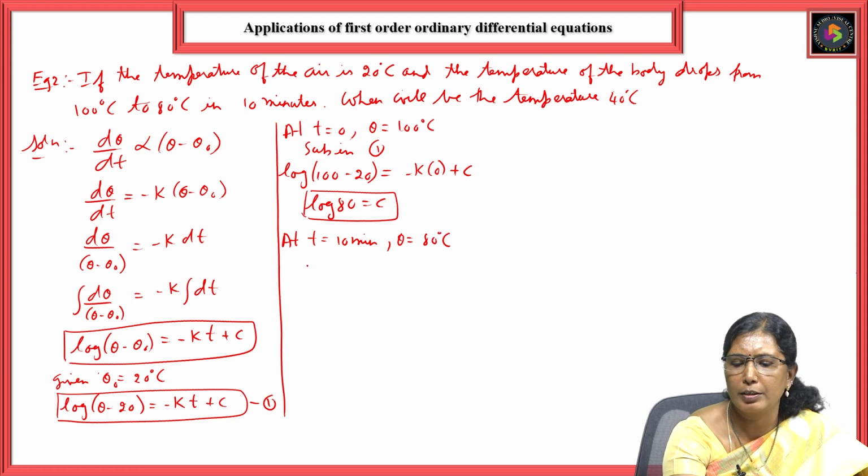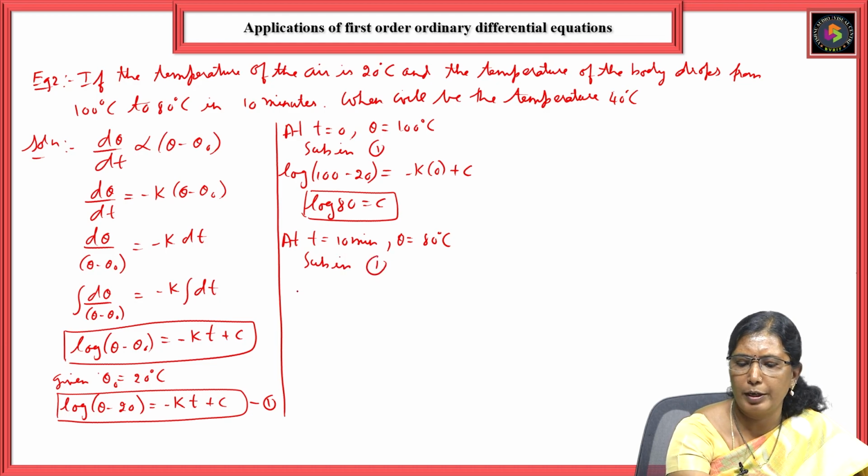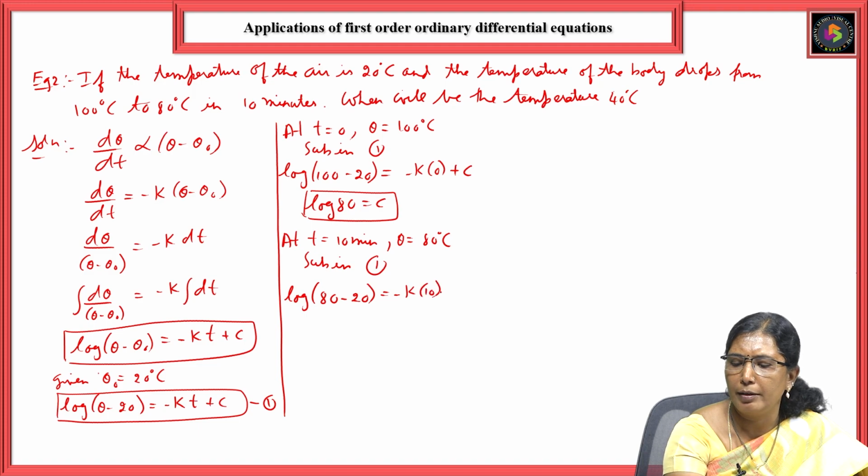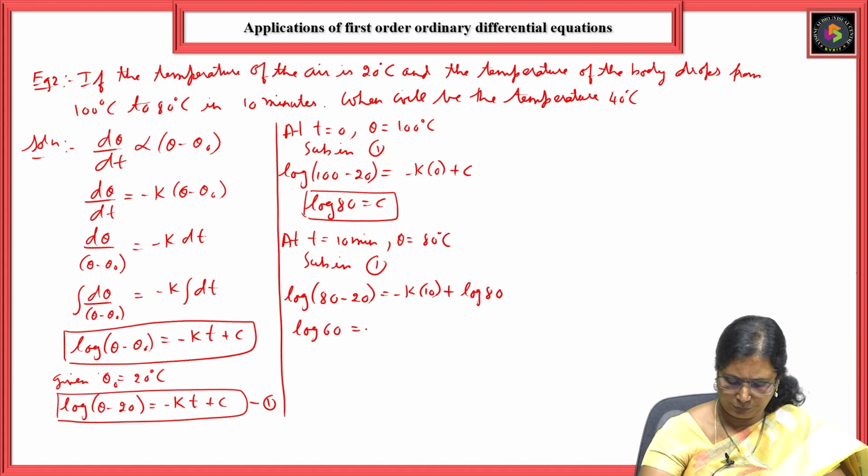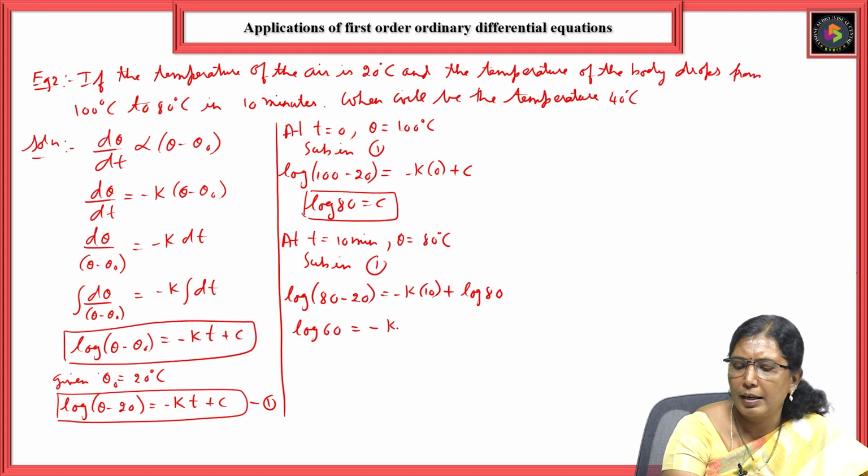Substituting in 1, we get log of 80 minus 20 is equal to minus k into 10 plus c. We know the c value is log 80. So we get log 60 is equal to minus k into 10 plus log 80.